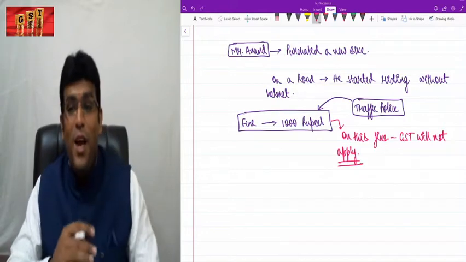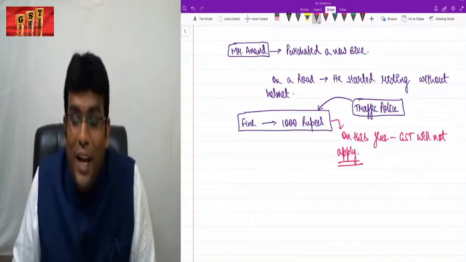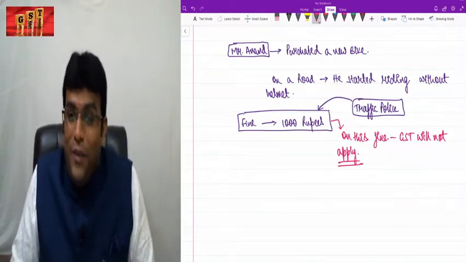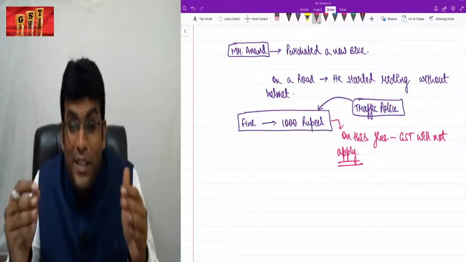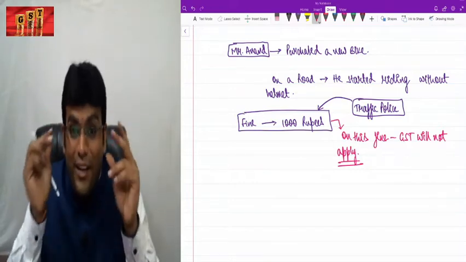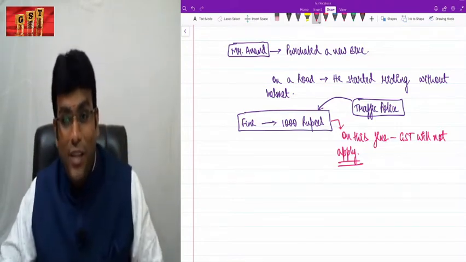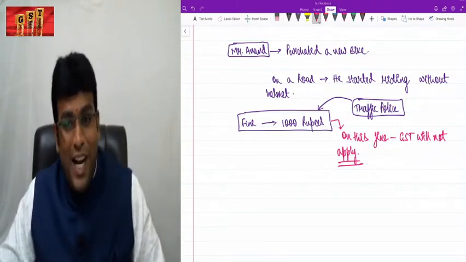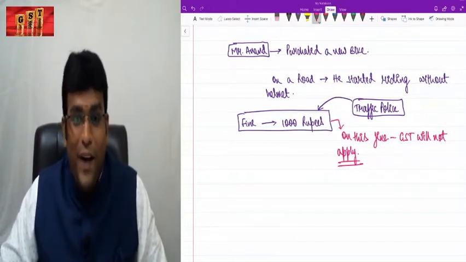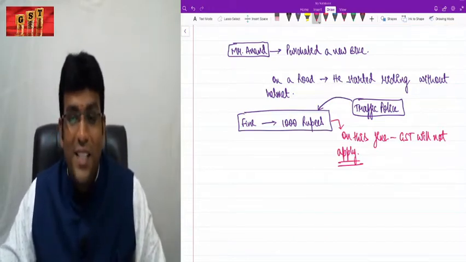Come on friends, what is the language I wrote? On this fine, GST will not apply. On this fine, why GST will not apply? Government is tolerating your non-performance of contracts, where you are supposed to go with a helmet, but you started going without helmets and you paid fine. On this fees, they don't charge GST, guys.